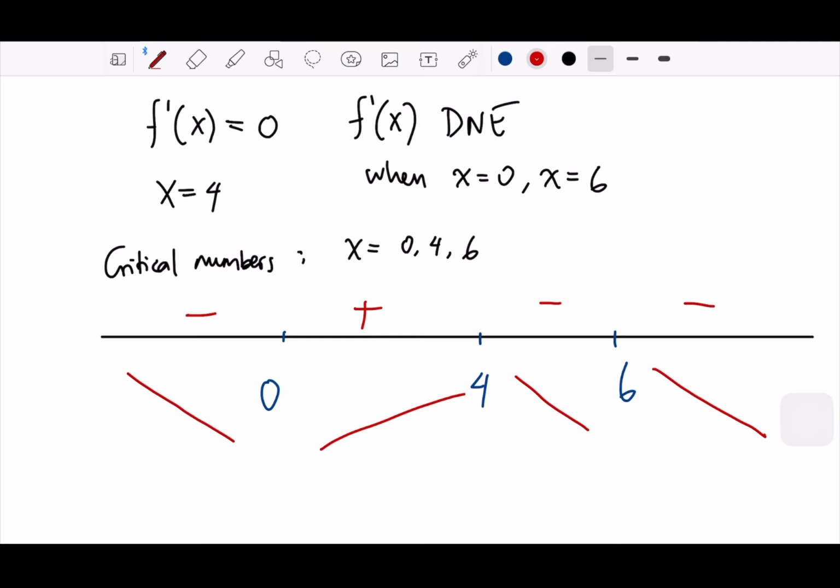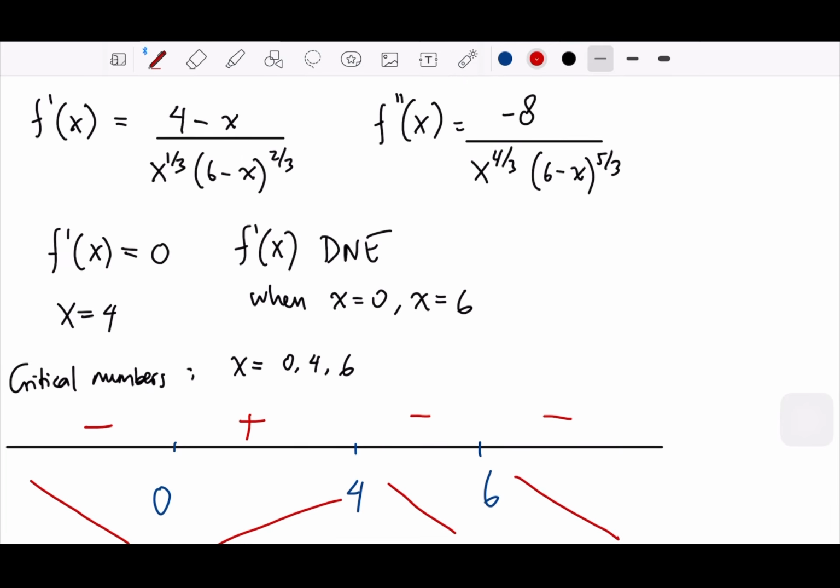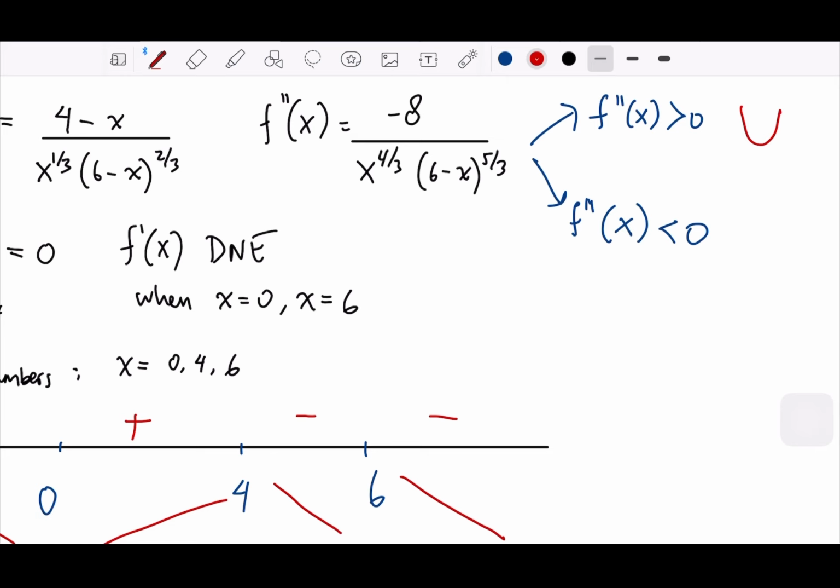If we look at the second derivative, we can also check whether the second derivative is positive or negative. Positive means it's concave upwards.